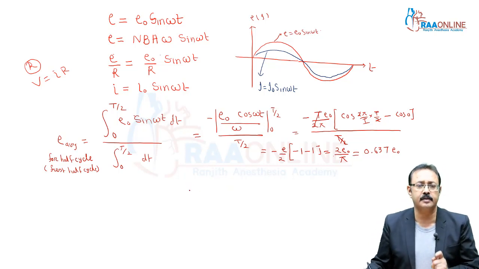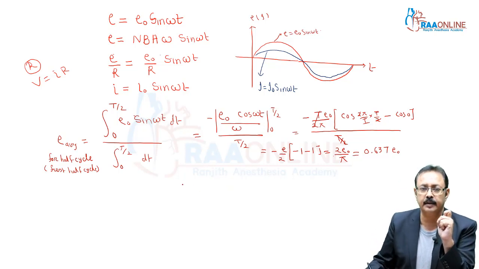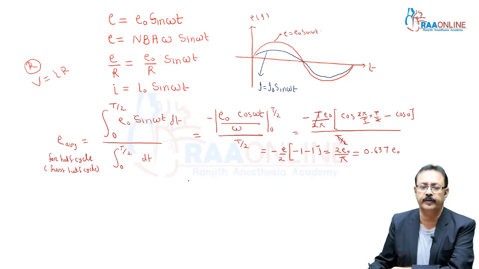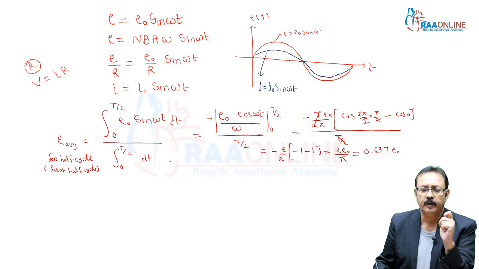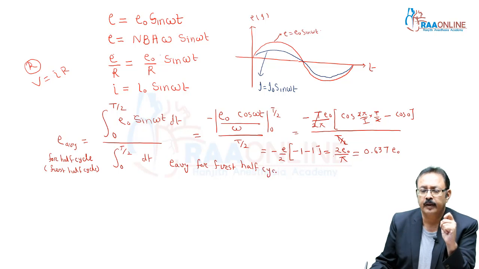So remember this result. They can ask it in a conceptual or theoretical problem. The average value of EMF for the first half cycle is a very important result: it is 2 E naught by pi.